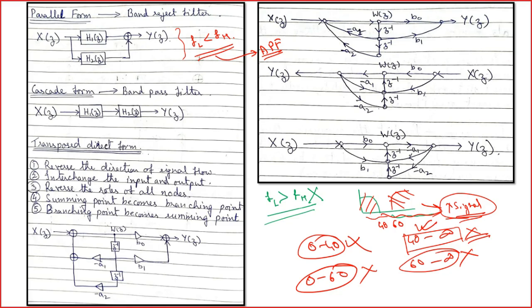That means all the frequency components will be present. So you have to be very careful to design the filters. So this cascade form realization, no frequency components will be there. So it is called non-pass filter.